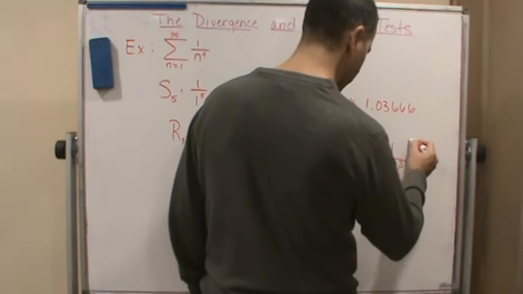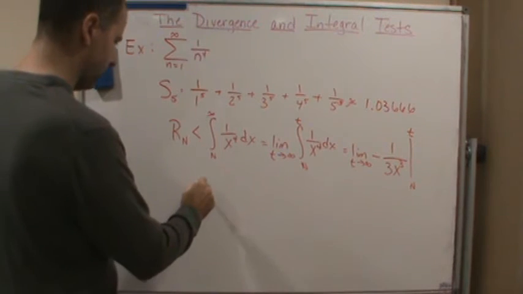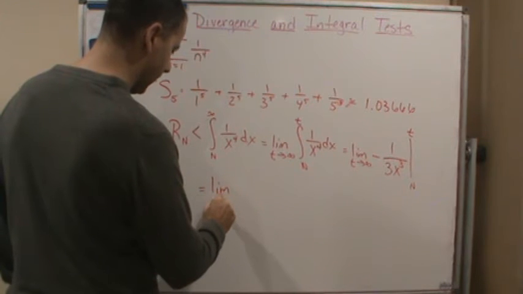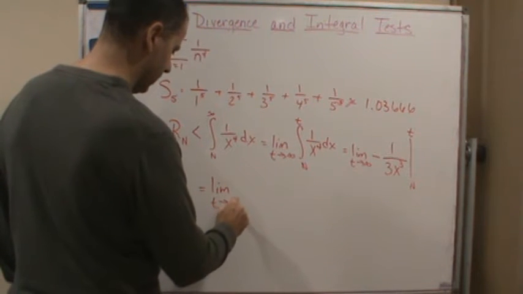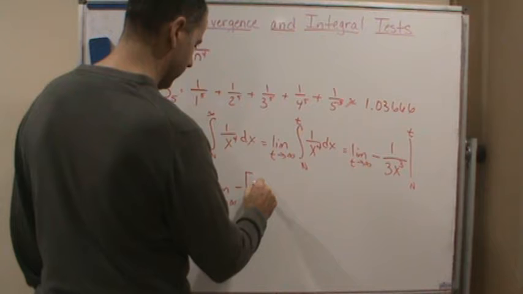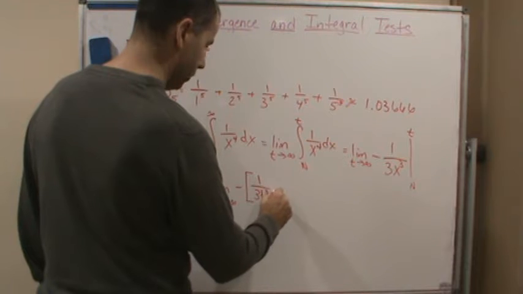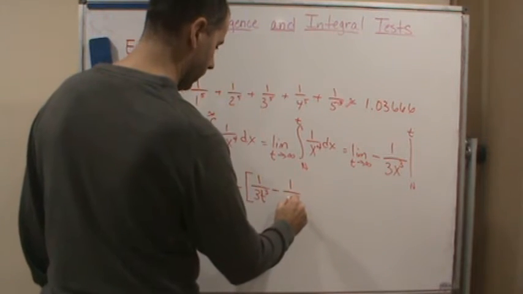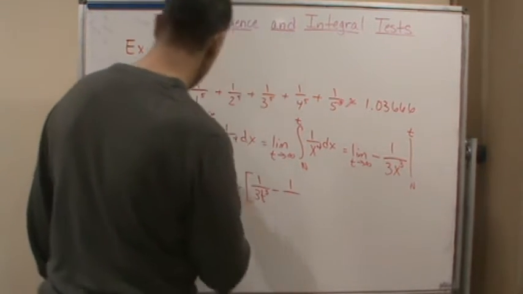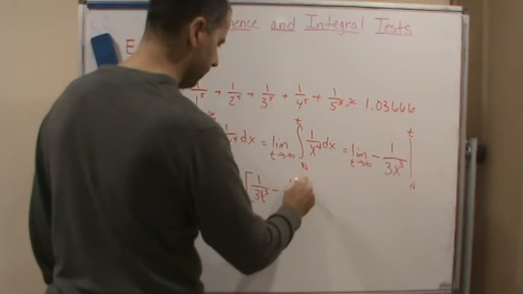And we're going to evaluate this from n to t. And again, some of you may already know where this is heading. So this is going to be the limit as t approaches infinity of the negative, and it's going to be 1 over 3t cubed minus 1 over 3 capital N cubed, right?